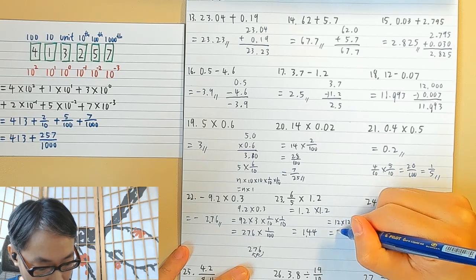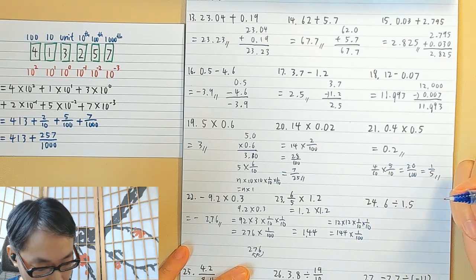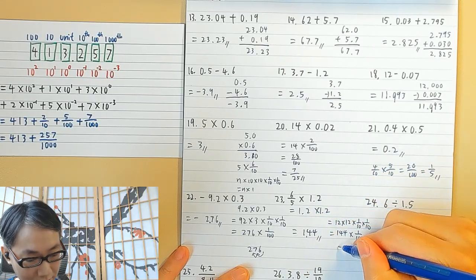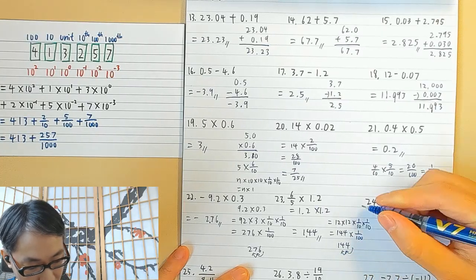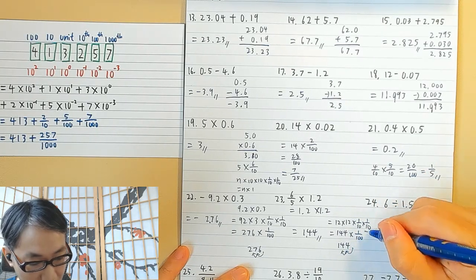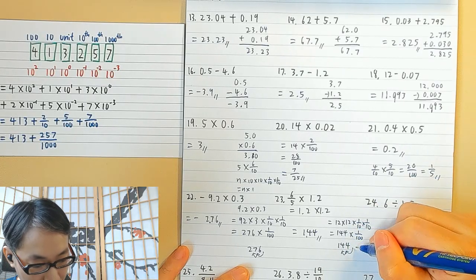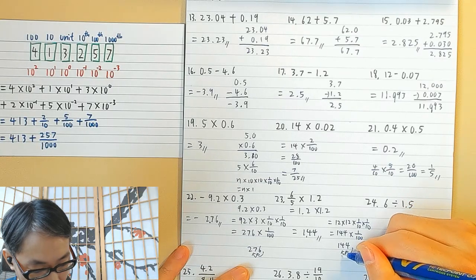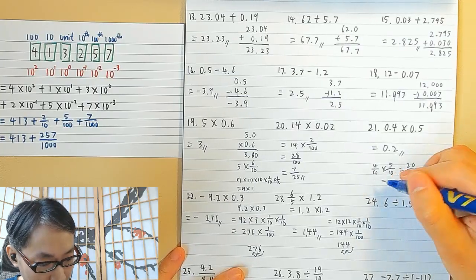Then this is 144 times 1 over 100, which becomes 1.44. So the decimal dot is here. Then we make it smaller, because times 1 over 100 makes the number smaller, and because there are 2 zeros, I move it to the left by 1, 2. Actually, the answer is 1.44.